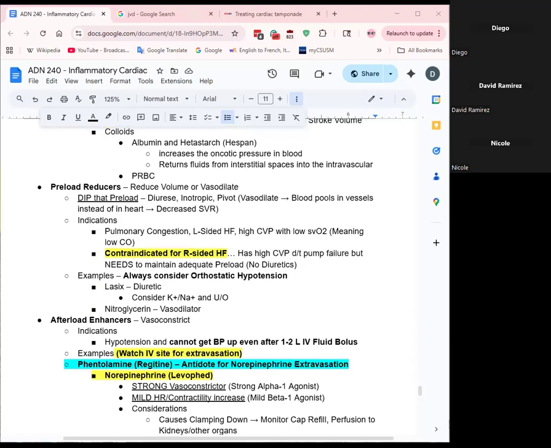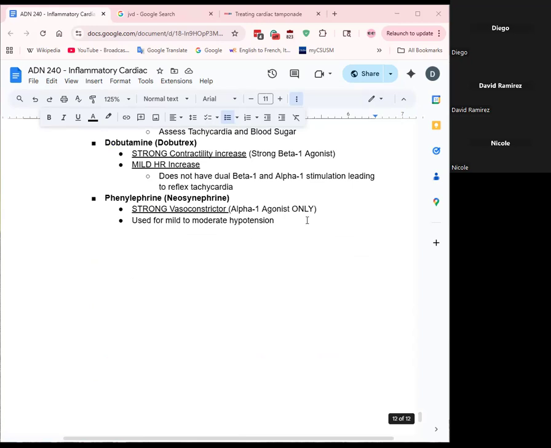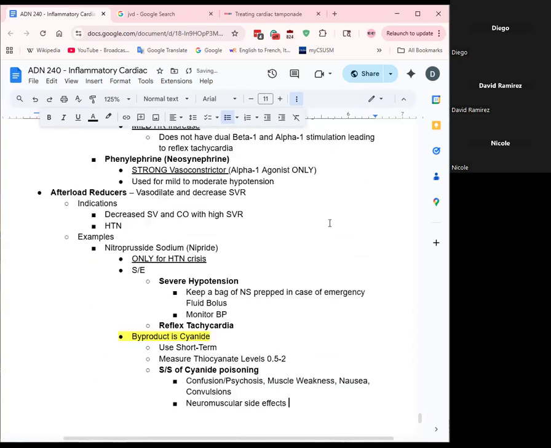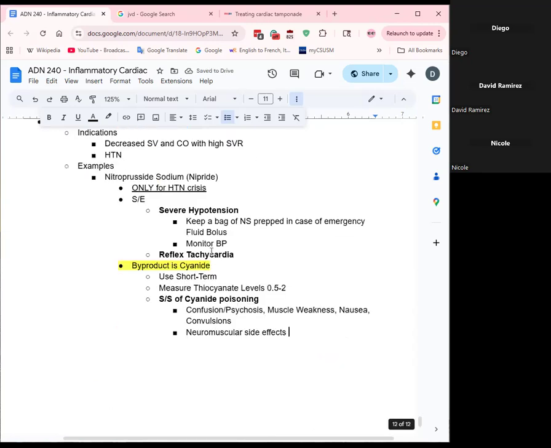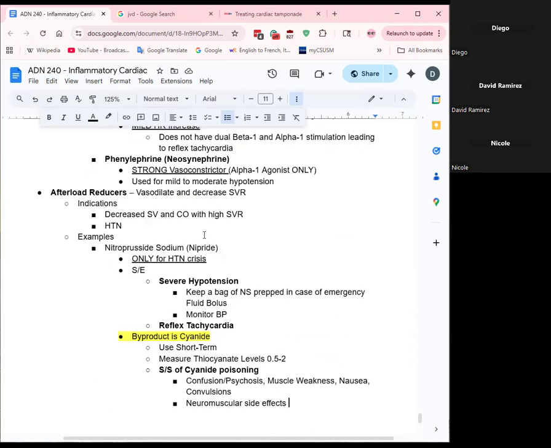Let me see what else we got. I'll include this one just in case he started testing it. So you have afterload enhancers, and you also have afterload reducers, just so that there's context behind that. That would be vasodilation, like your nitroglycerin, nitroprusside here.